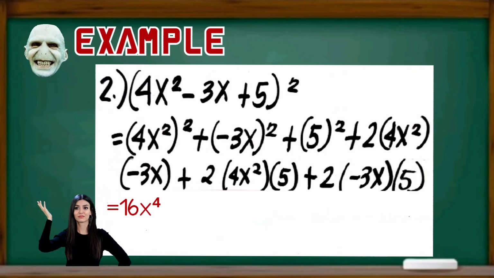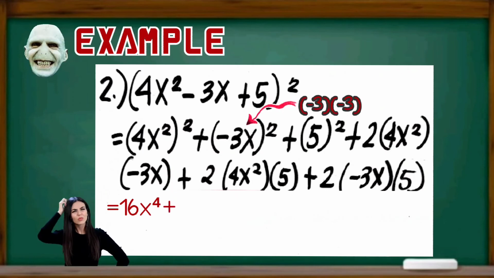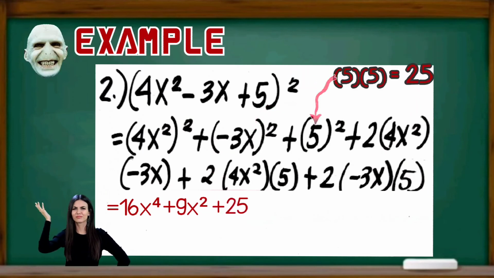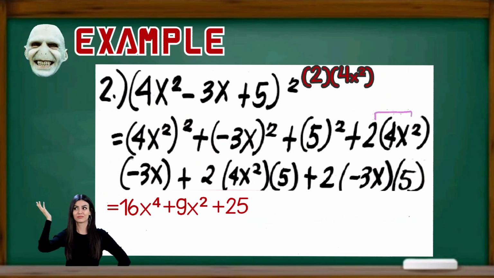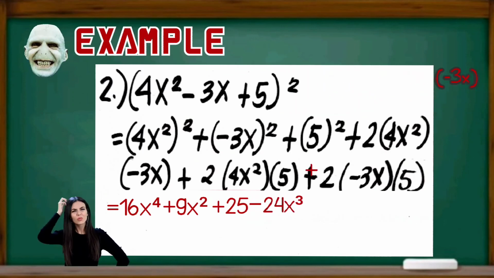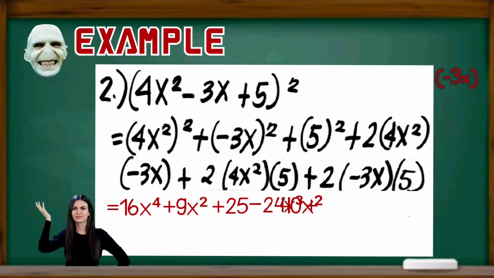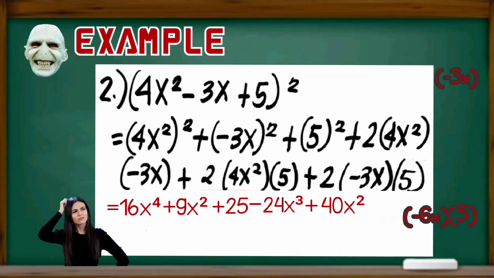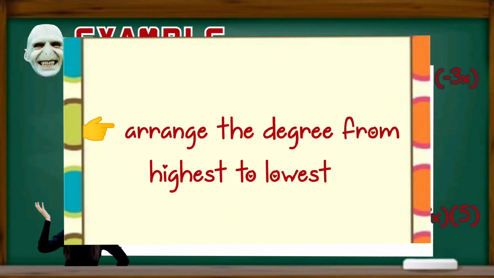So, ang exponent niya ay 4 plus negative 3 times negative 3 is positive 9x squared plus 5 times 5, 25 plus 2 times 4x squared is 8x squared times negative 3x is negative 24x cubed plus 2 times 4x squared times 5 is equivalent to 40x squared plus 2 times negative 3x is negative 6x times 5 is negative 30x. So, ang gagawin natin, i-arrange natin ngayon ang degree from highest to lowest.